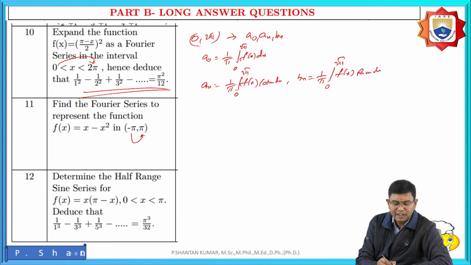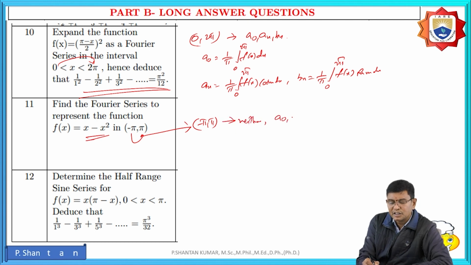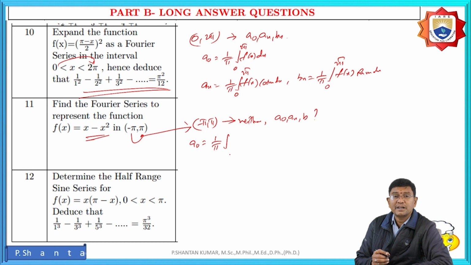And here, minus pi to pi. The problem is under minus pi to pi, but the function is neither, which means a naught, an, bn. a naught is 1 by pi, with limits minus pi to pi. For a neither function we should not change any limits, it stays minus pi to pi, f of x dx.